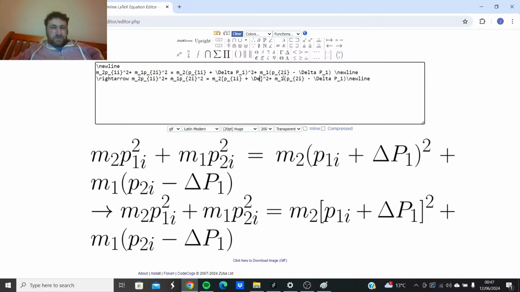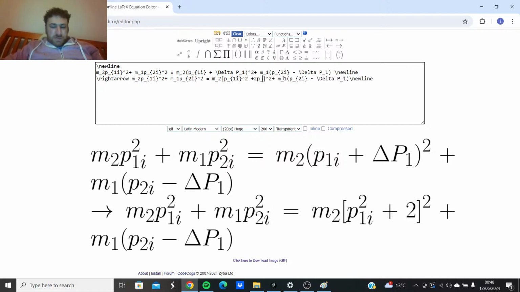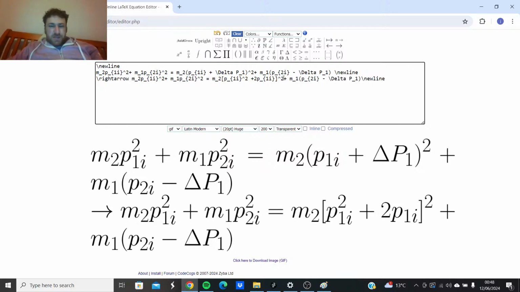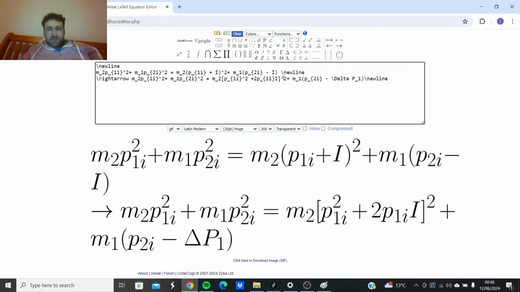It's going to be P1I squared plus 2P1I. All right, I'm going to change delta to I now. Delta is just too much. It's going to be minus I and plus I. It just overcomplicates it.